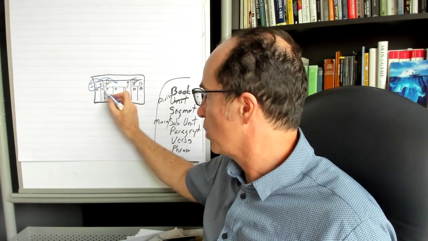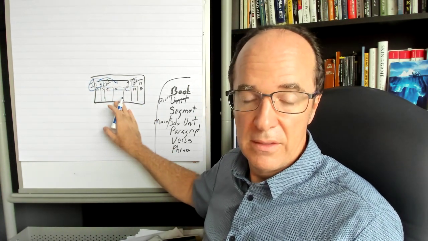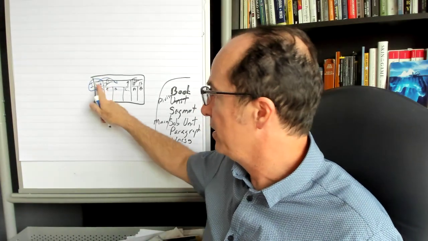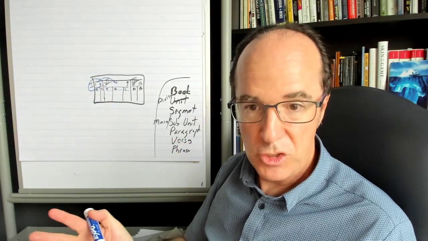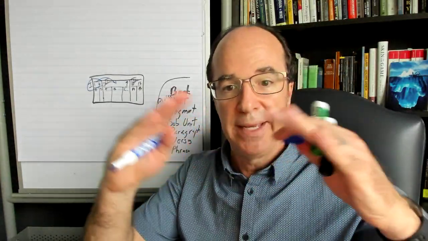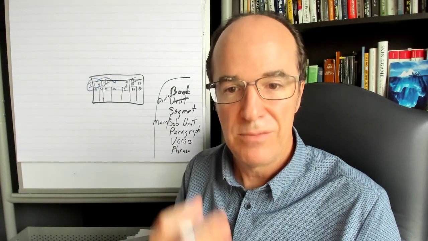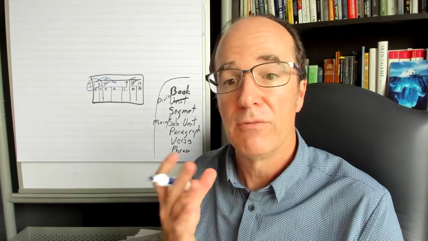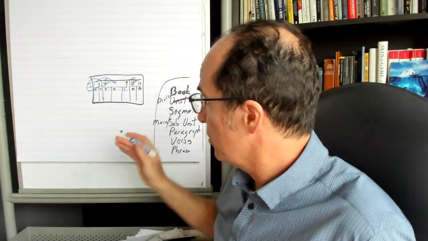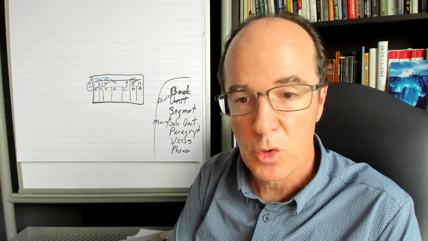If you would find a structure that controls the bulk of this inside, that would also be a major structure. But structures that only happen in this first unit are not major. Again, they still could be structures, but for our survey, we're looking at the biggest chunks. Otherwise, you have minutia, and we don't need minutia at the survey level. The whole point of a survey is to see the big contours. Okay. Same with here. Any structure that's just in 3, not a major structure at this point.